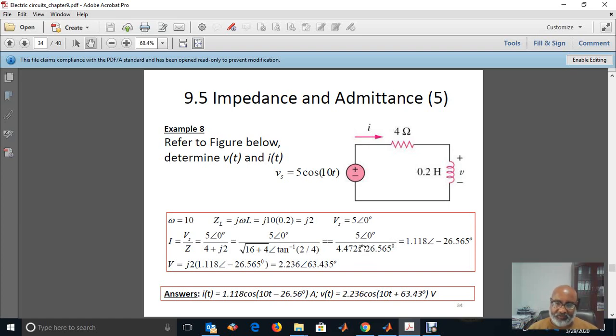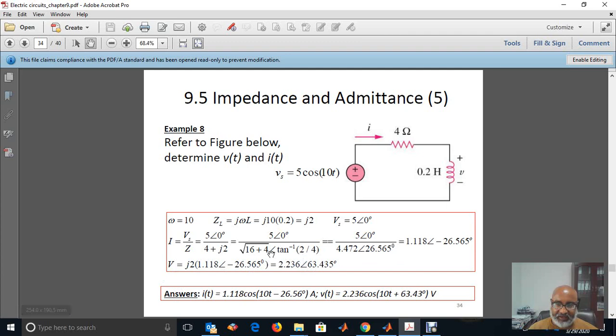And what about for division? We divide the magnitudes and subtract the phases. The overall phase will be the phase of the numerator minus the phase of the denominator. So this is the phase 0 minus 26.565 degrees.